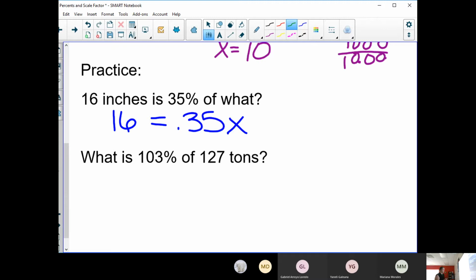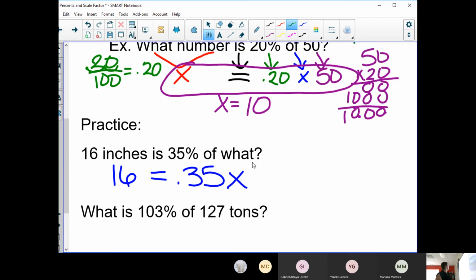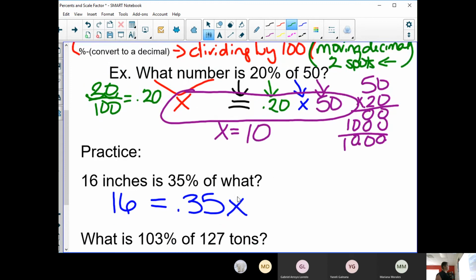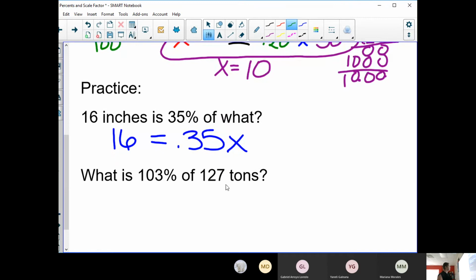All right, Yariel, take a look at your decimal real quick. Remember, whenever we divide by 100, we move the decimal 2 spots to the left. You moved it 3. So how would you rewrite that decimal?